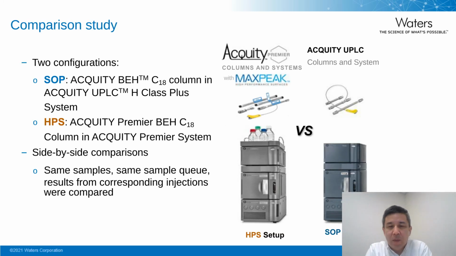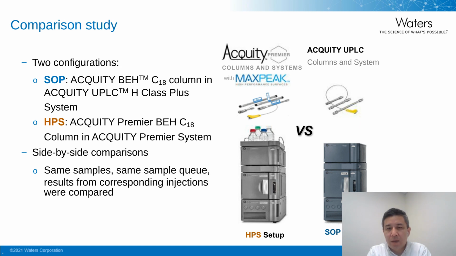As I mentioned earlier, in our investigation we mainly did comparison studies. We used two LC setups, one called SOP and the other called HPS. The SOP represents the LC system and column from the conventional setup, using stainless steel surfaces, without MaxPeak HPS technology.